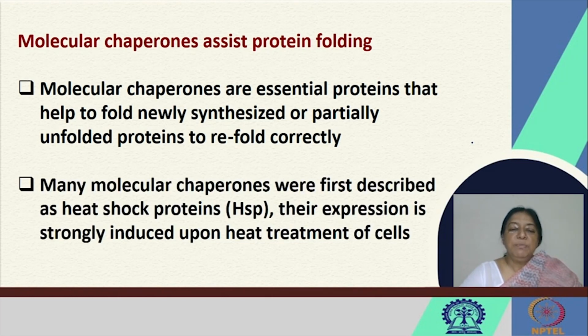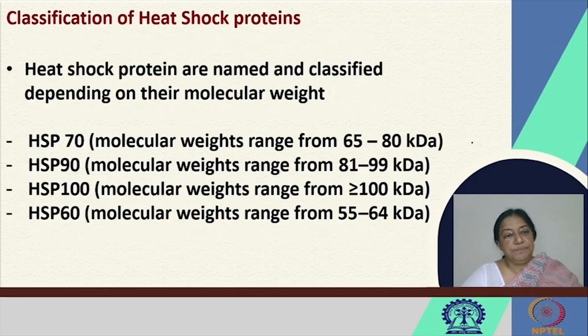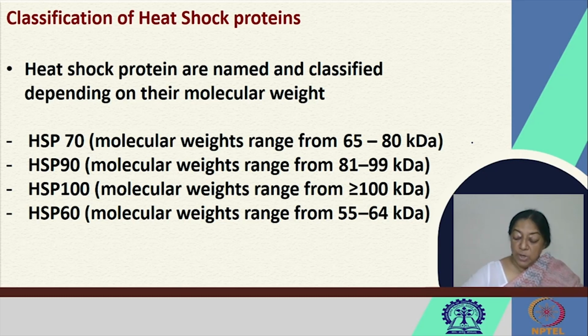The first molecular chaperones that were described were the heat shock proteins, and their expression is strongly induced upon heat treatment of cells. The heat shock proteins are named and classified depending upon their molecular weight.